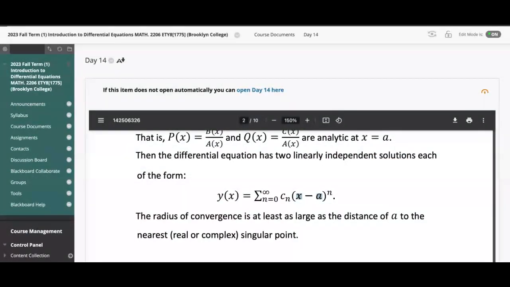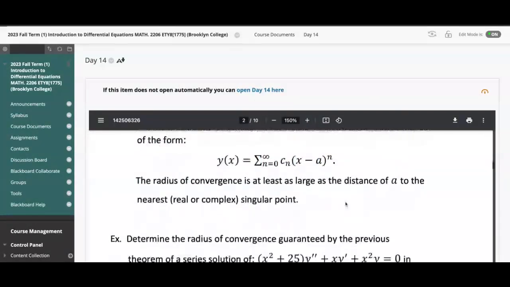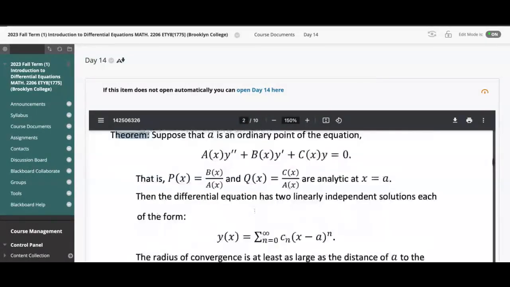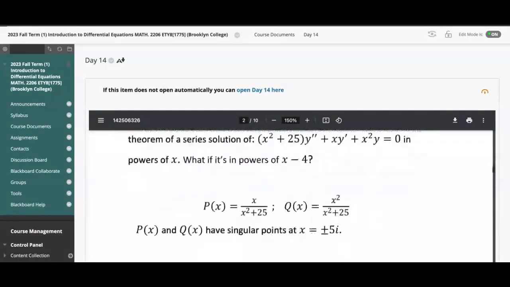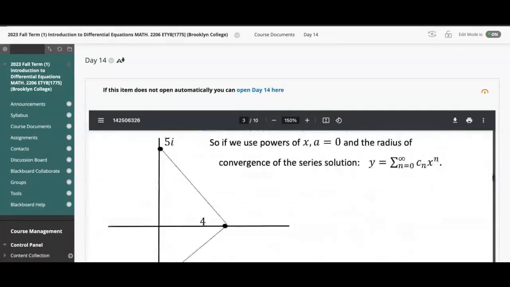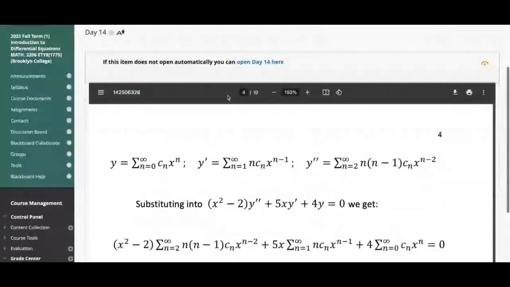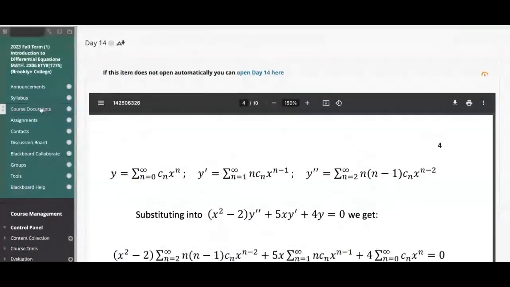That means the differential equation has two solutions that can be represented by power series. That's why later on we're just using the solutions to be a power series. So that's by this theorem. So the rest is just examples. So that's 14. Then 15.